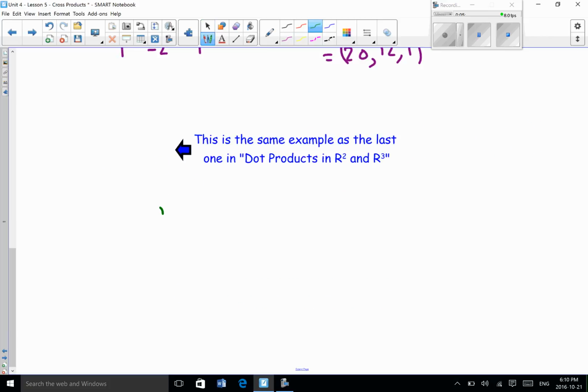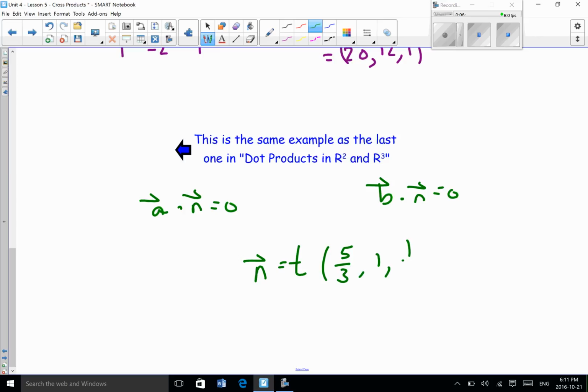You might recall we had to do a dot n had to come out to 0 because they're perpendicular. And b dot n comes out to 0. And we ended up with 3 equations, which we had to solve simultaneously, creating a parametric equation. You might remember that the parametric equation was t, and if you're not, just look it up in your notes. 5/3, 1, and 1/12.